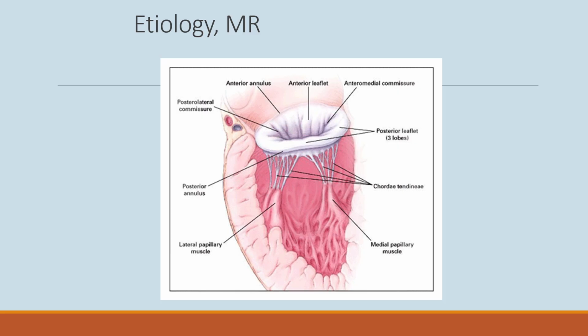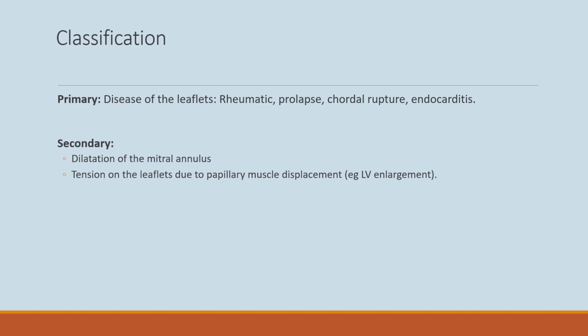Then you have the leaflets themselves, and finally you have the mitral annulus. So anything that goes wrong with any of these structures will lead to a form of mitral regurgitation, as we'll learn as we go along.